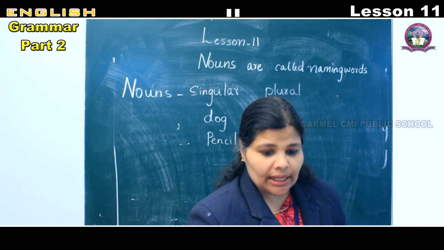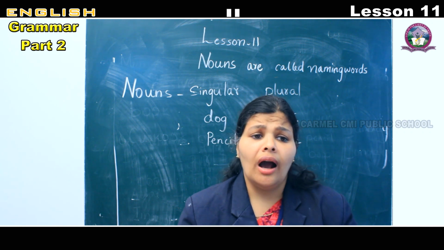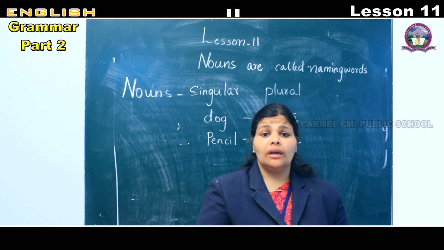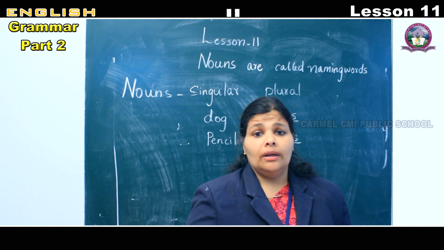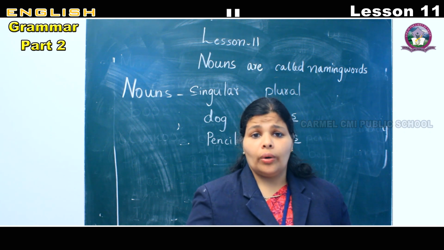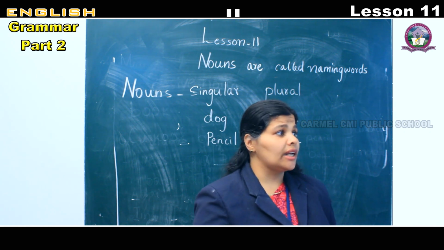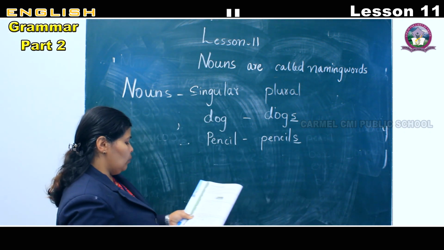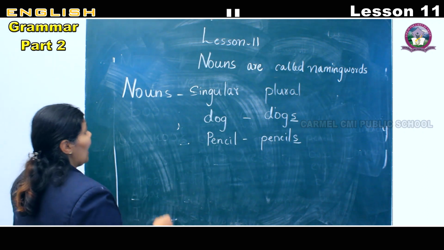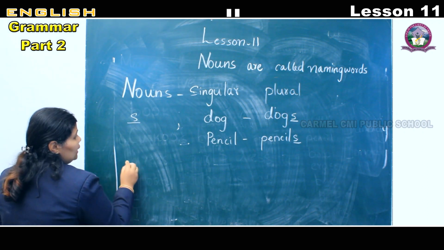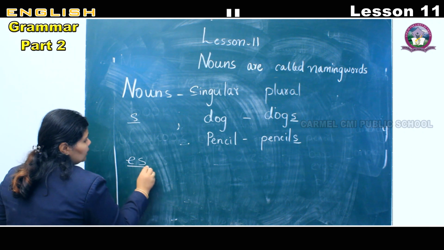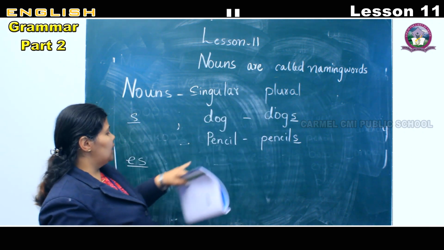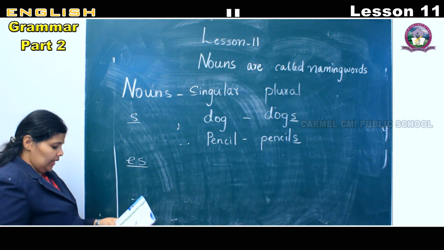Now, the next set. There are variations where we add s or es or ies. So, the first set we learned is just by adding s. Now, the second one is we add es. What do we add? es to make it plural. To a singular word, we add es.